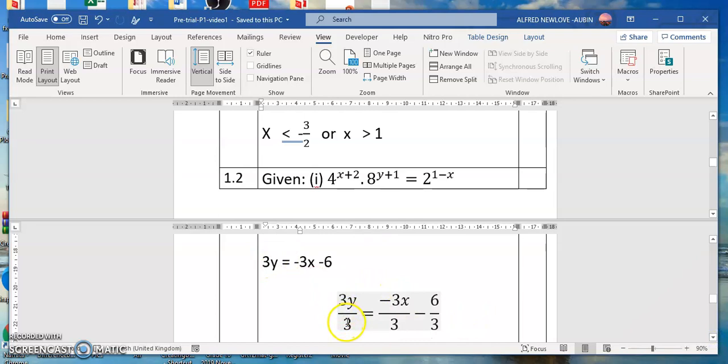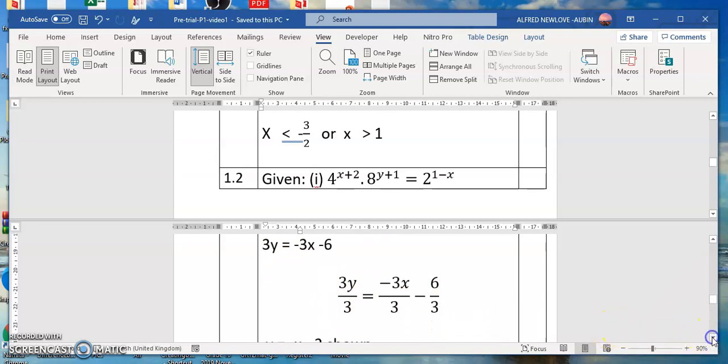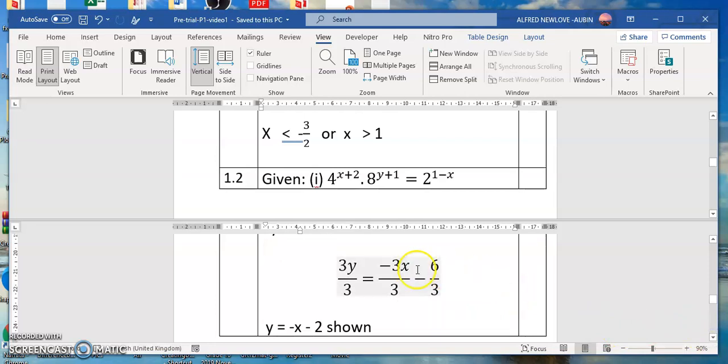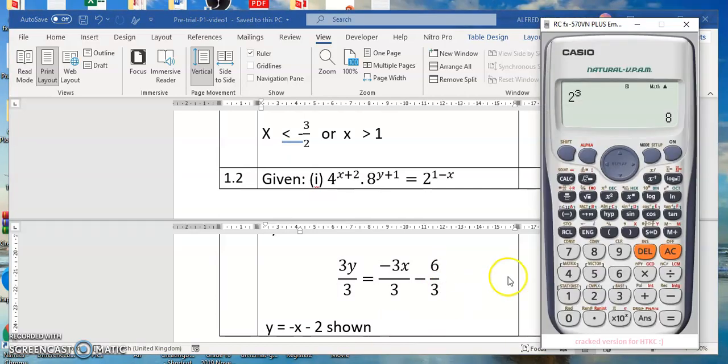So this side by 3, this side by 3, this side by 3. And if you divide that by 3, this side you are going to get negative 1. Then negative 6 divided by 3 is going to give us negative 2. How do you press that on the calculator? You press this for that one.